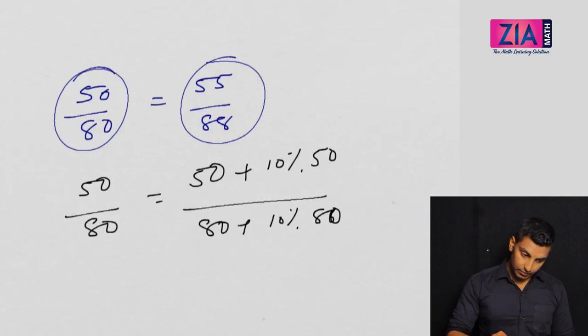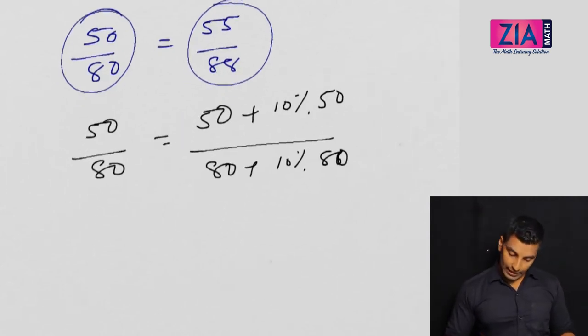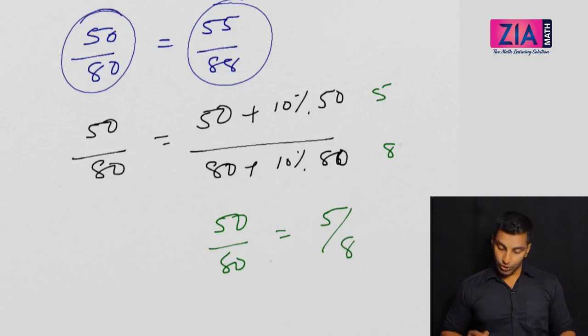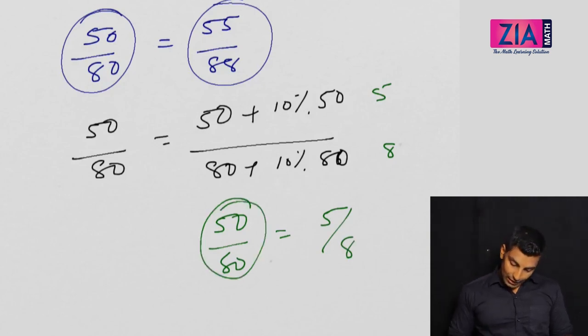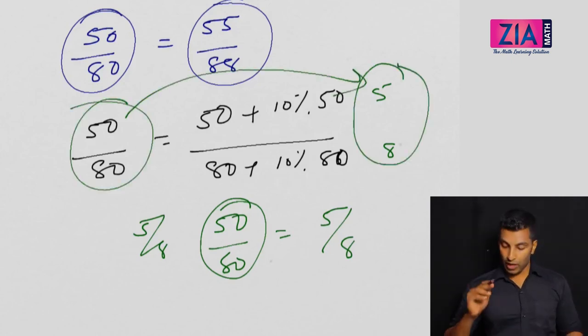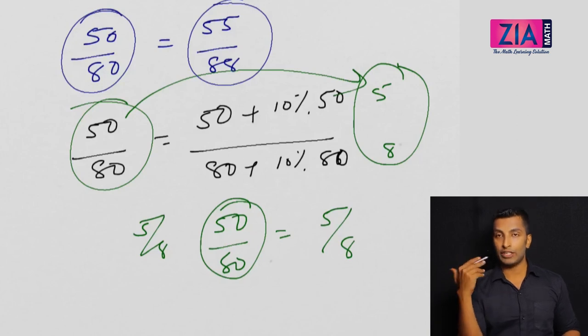Now 10% of 50 is 5, and 10% of 80 is 8. Here 50 by 80 is equal to 5 by 8, so what you added is actually the same as the given ratio. So if you add 5 by 8, the ratio remains unchanged.